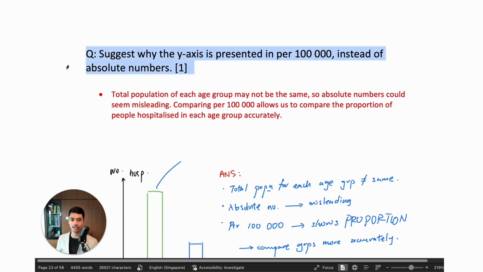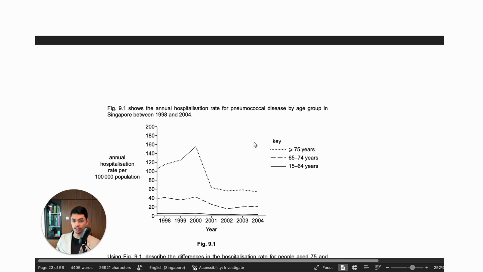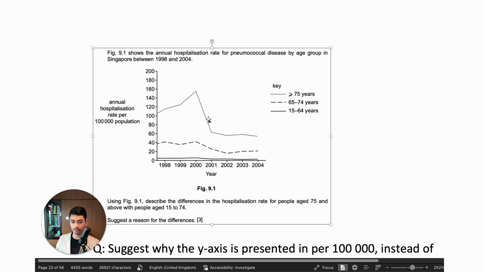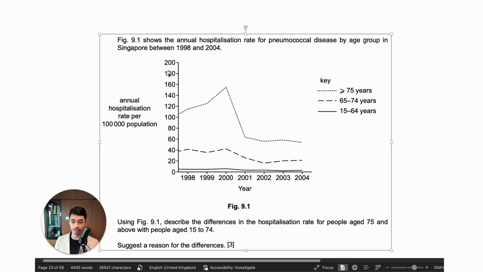Suggest why the y-axis is presented in per 100,000 instead of absolute numbers. I just pasted in the context for this question, and you can see that the y-axis here is not an absolute number. For this highest point, 2000, this is like 155. So 155 per 100,000 in this year for this age group.